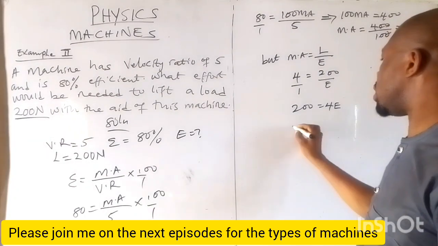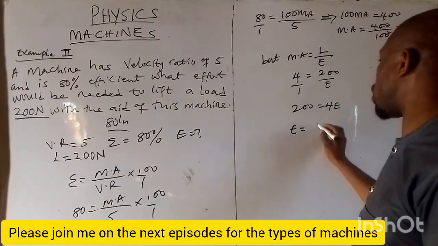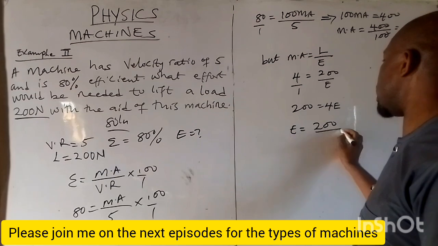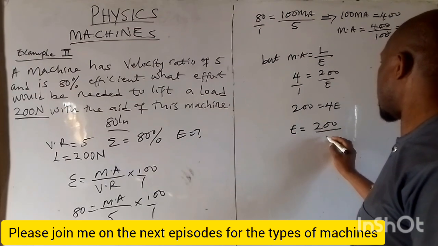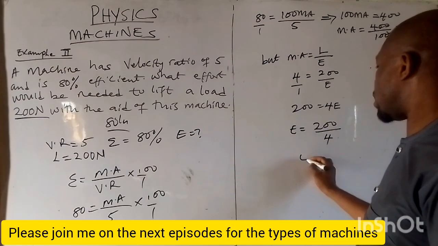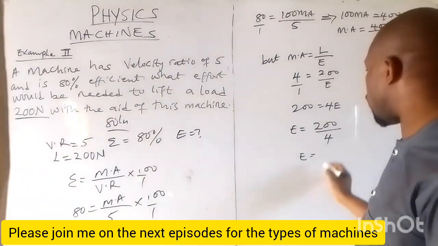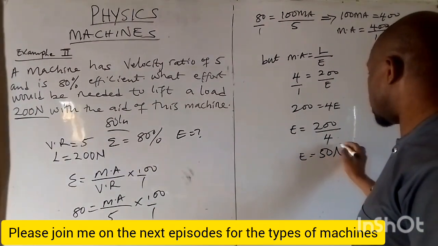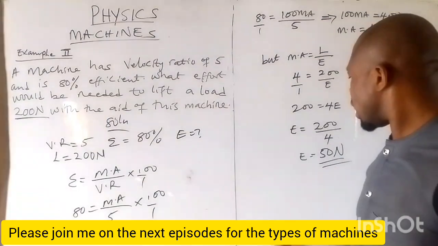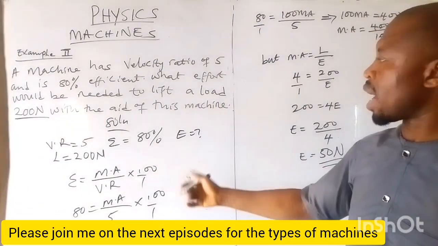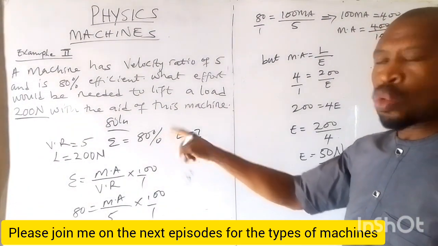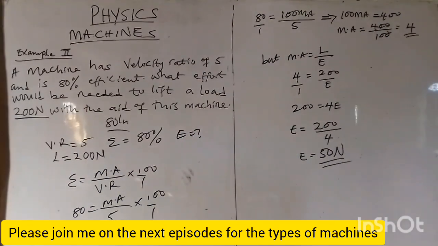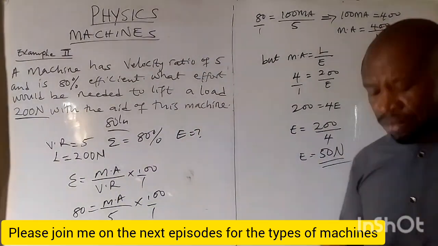Make the effort the subject. Effort will give us 200 all over 4, and of course 200 over 4 will give us 50 Newton. So the effort that will be required to lift that load of 200 is 50 Newton.